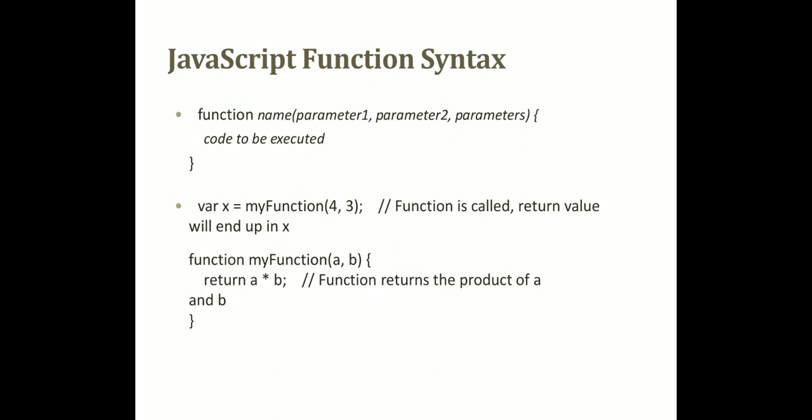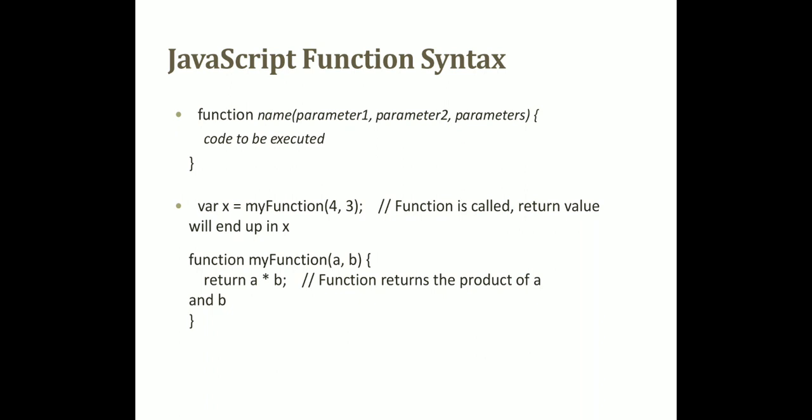Then the JavaScript function syntax also we have seen, how to define it, like the function name and the parameters that are passed. Okay, so however many parameters you want to pass can be given with the function name, followed by parentheses, and the code will be written in the curly braces after that, up to the end of the function block.